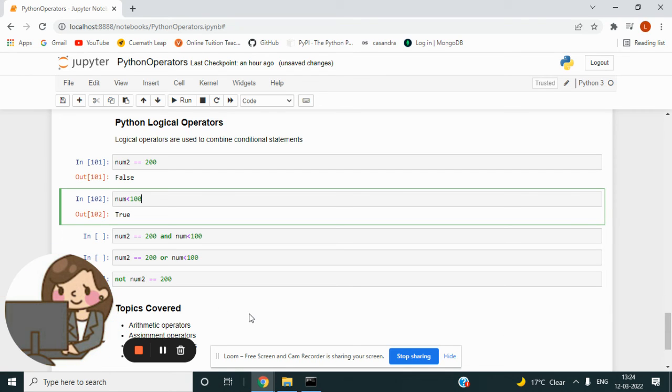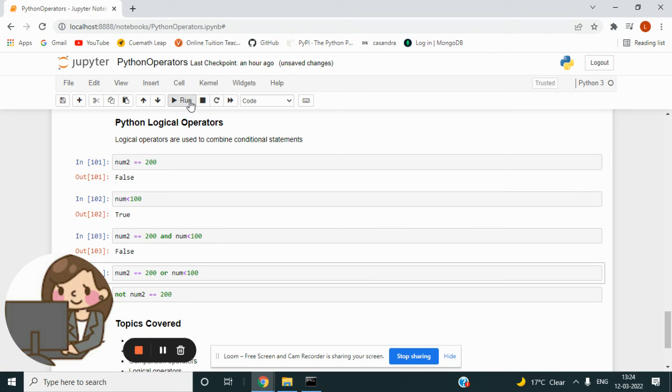Num2 equal to 200 returns false, and num less than 100 returns true, as we have already seen. The logical operator and returns true only if both of them are true. Otherwise, it always returns false. Since here one of the expressions is false, it will return false.